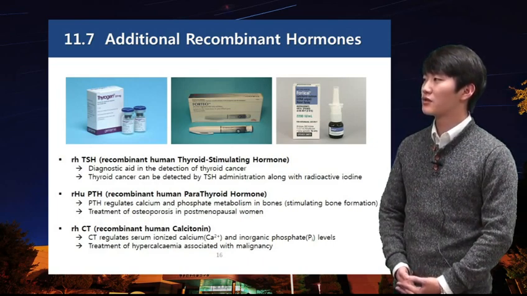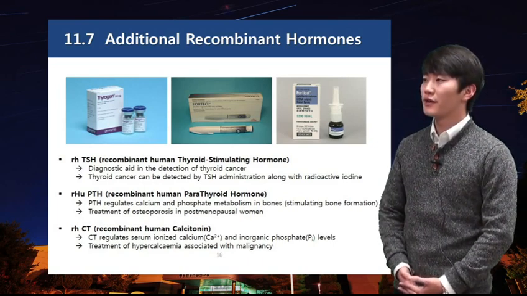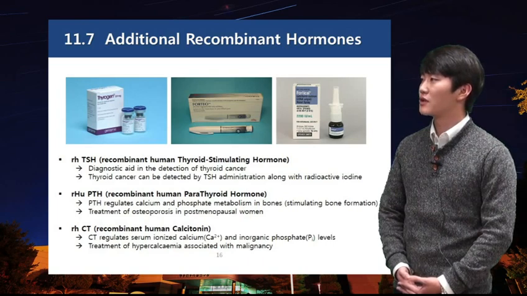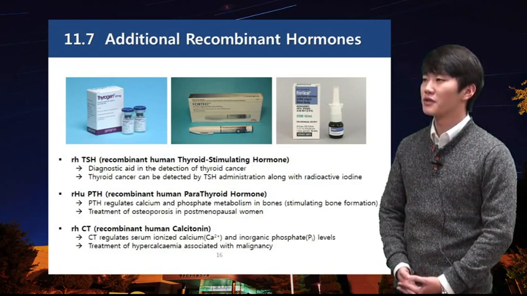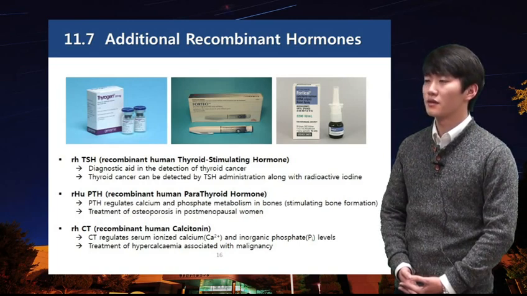When administered to a subject, it shows radioactive responses with iodine in the reoccurring active thyroid cancer cell. So TSH is approved for medical use as a diagnostic aid in the detection of thyroid cancer.